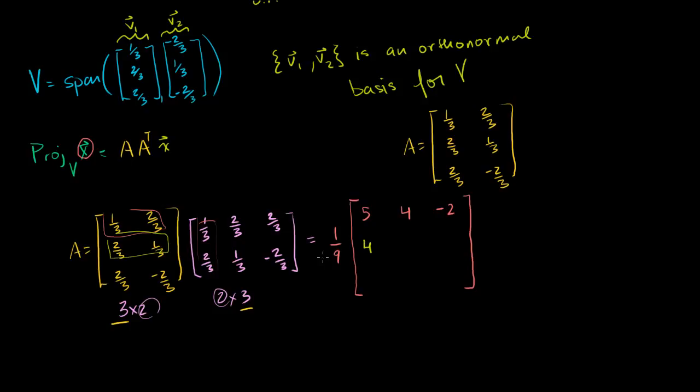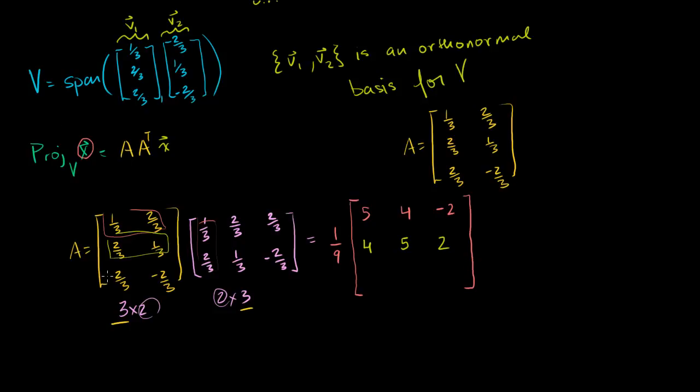Then the second row with the second column: 2/3 times 2/3 is 4/9, plus 1/9 is 5/9. And then 4/9 minus 2/9 is 2/9.